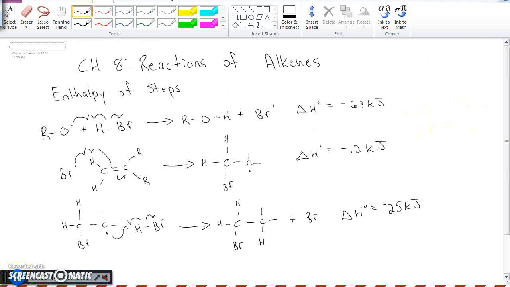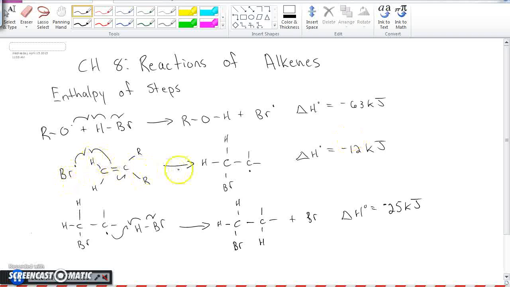I'd like to take a moment to look at the enthalpy of the individual steps. So you can see here the very first step is we have our alkoxy radical, and this is reacting with our hydrobromic acid to ultimately form the bromine radical so that we can get our anti-Markovnikov addition. The enthalpy of formation here is negative 63 kilojoules, and all of these are per 1 mole.